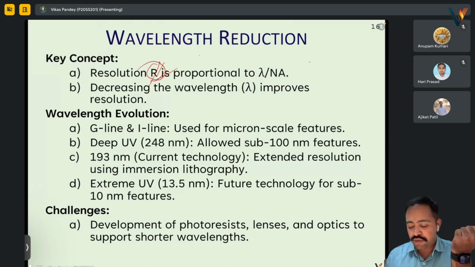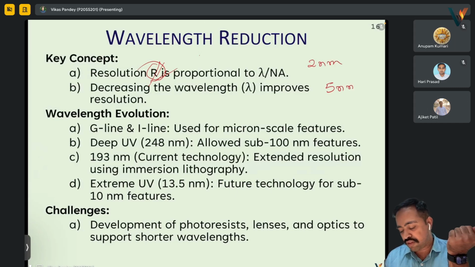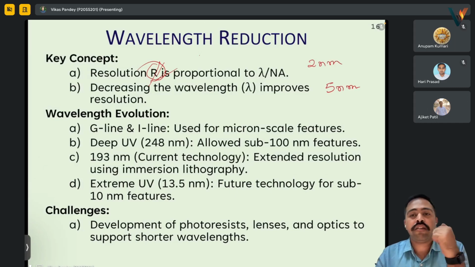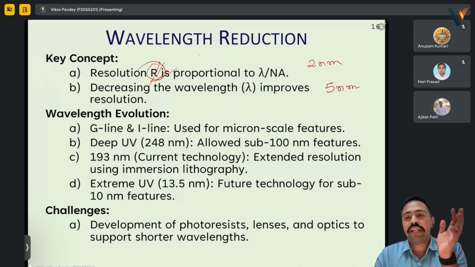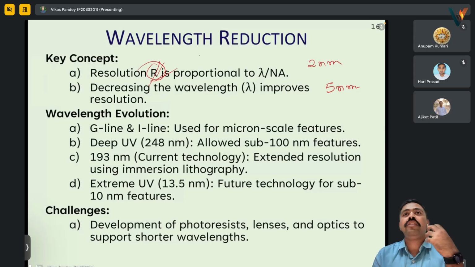If we have a resolution of 2 nanometer and a resolution of 5 nanometer, which one is better? 2 nanometer is better, but it is my understanding, I can be wrong. We say 2 nanometer is more resolution than 5 nanometer. That is when we talk in terms of comparison.